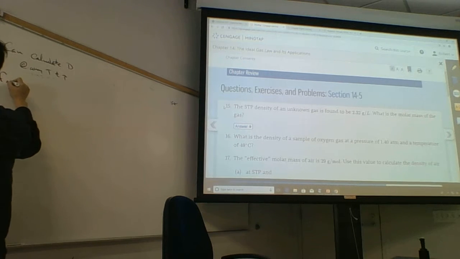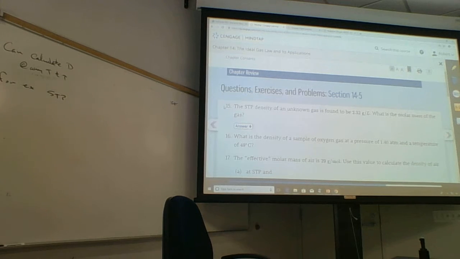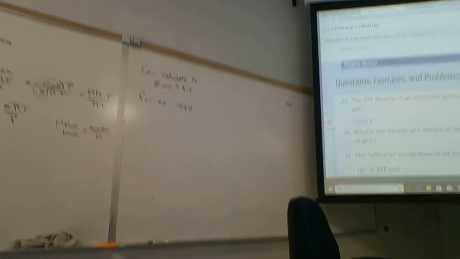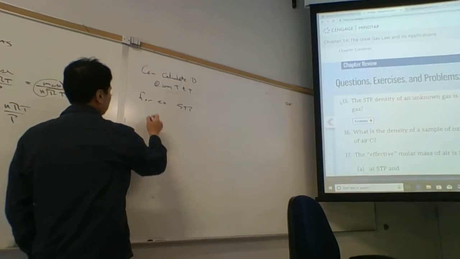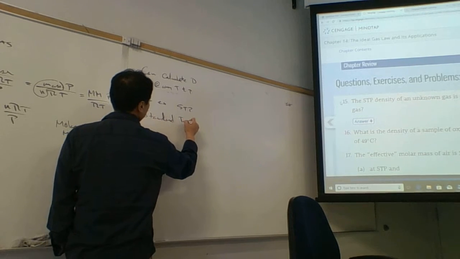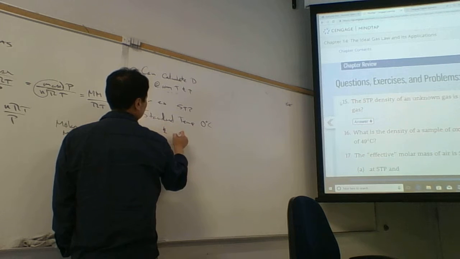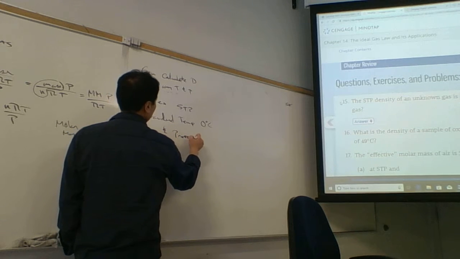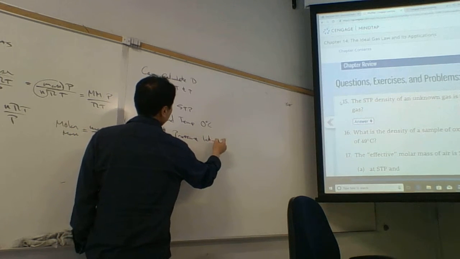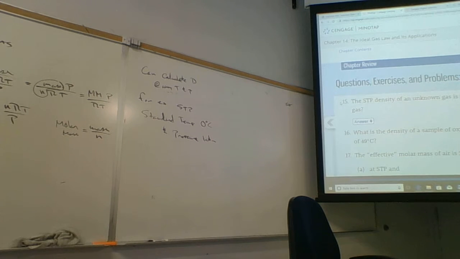For example, STP is called standard temperature, 0 degrees C, and pressure, which is 1 atmosphere. So standard temperature, 0 degrees C, standard pressure, 1 atmosphere.